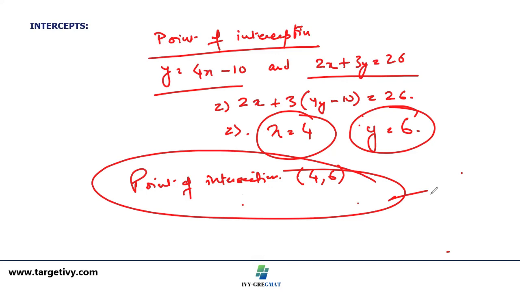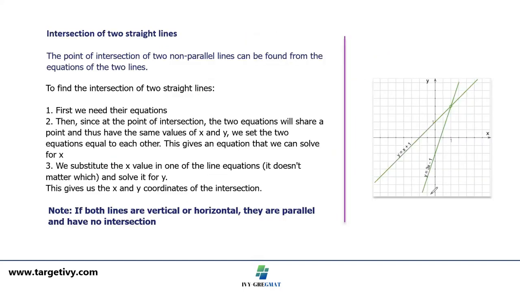So that gives us a slight understanding of what this is like. The point of intersection of two straight lines, obviously non-parallel lines, because if they're parallel, they will never meet, can be found from the two lines having two different equations.